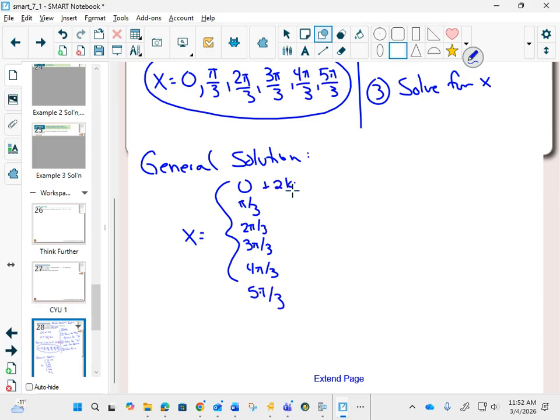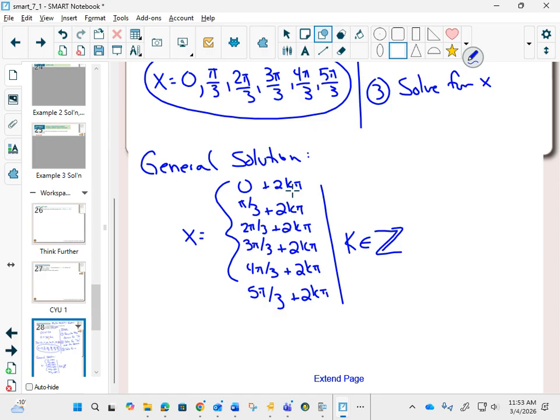Add 2k pi to each of them, and define k as an integer. And so now you've written your general solution. Using the steps that we had before: for the general solution, solve for 0 to 2 pi first, then add 2k pi.